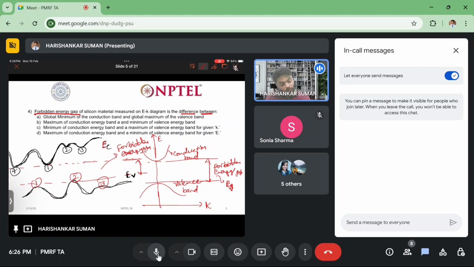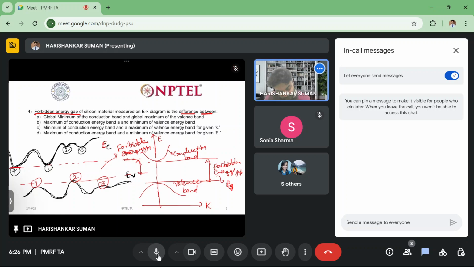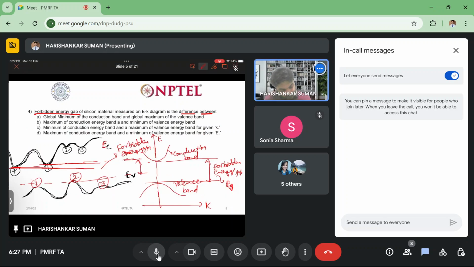The lowest part, even if another is above, and the topmost maxima, let's say here, for this function.